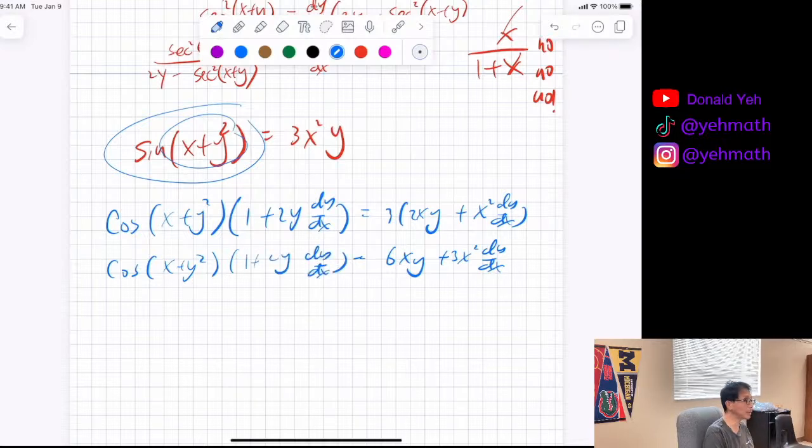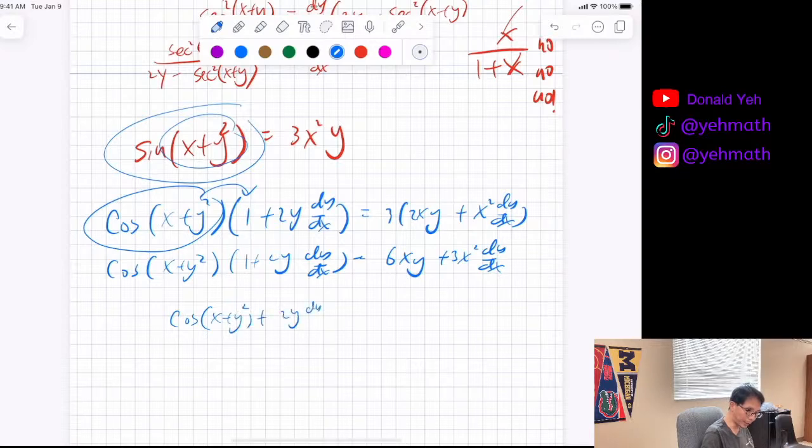Is that okay so far? I'm going to take this whole term and distribute it inside. So it'll be cosine of x plus y squared plus 2y dy/dx cosine of x plus y squared is equal to 6xy plus 3x squared dy/dx.